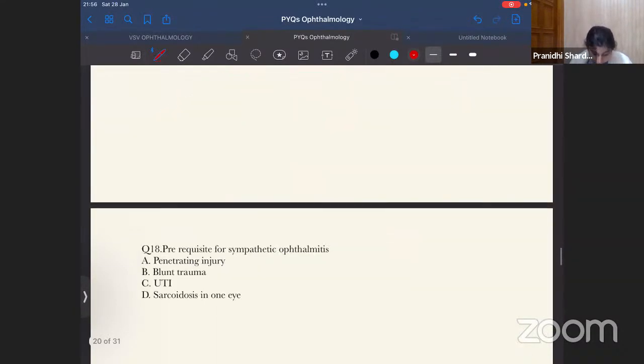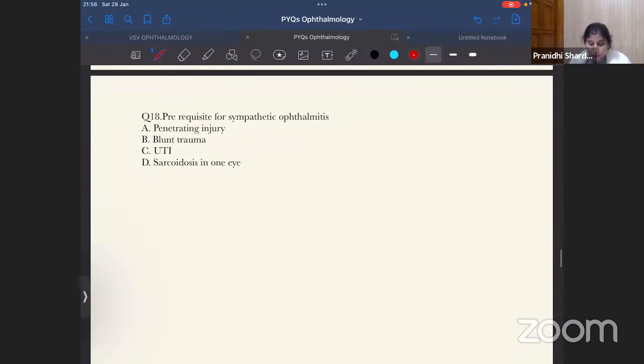Okay. Next is the prerequisite for sympathetic ophthalmitis: penetrating injury. Very straight one-liner question. What is sympathetic ophthalmitis? Basically, it is a type of granulomatous uveitis. The body identifies the uveal antigen after a penetrating injury, or after intraocular surgery involving the uveal tissue, which is also a prerequisite.